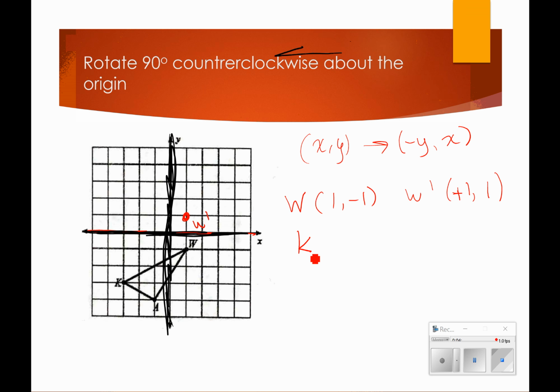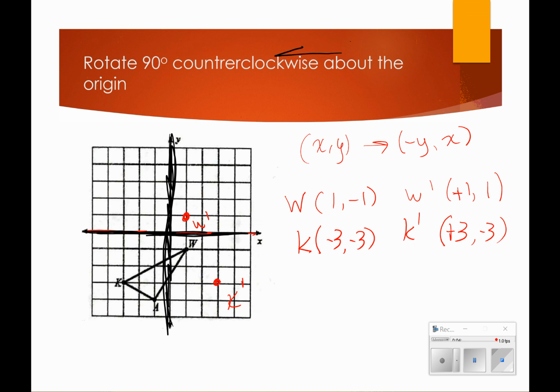Our K is originally (-3, -3). For K prime, I'm just going to flip them around and negate first, so it becomes (3, -3). Okay.